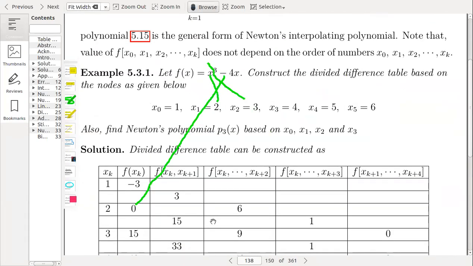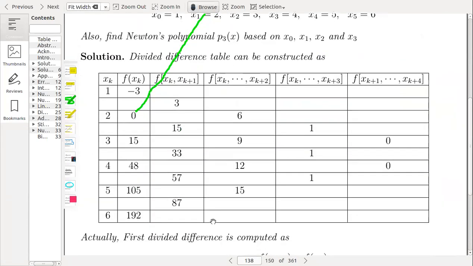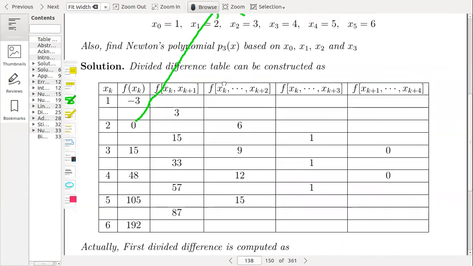Okay, so go back. For the second divided difference, you need 3 points. What are the 3 points? 1, 2, and 3 are x0, x1, and x2. And the difference is 3 minus 1, which is 2. So the denominator is 2. Now 87 minus 57 is 30. 7 minus 7 is 0. 8 minus 5 is 3.